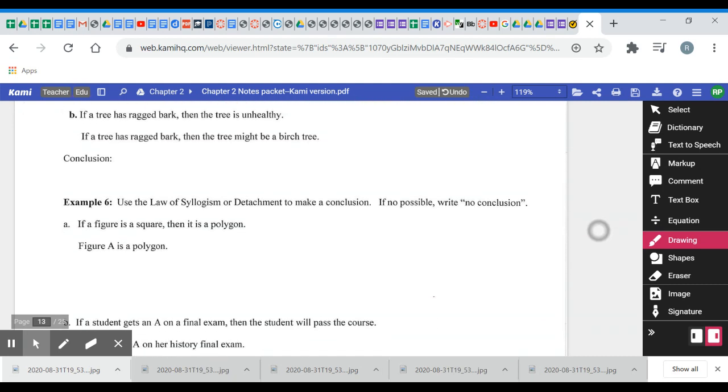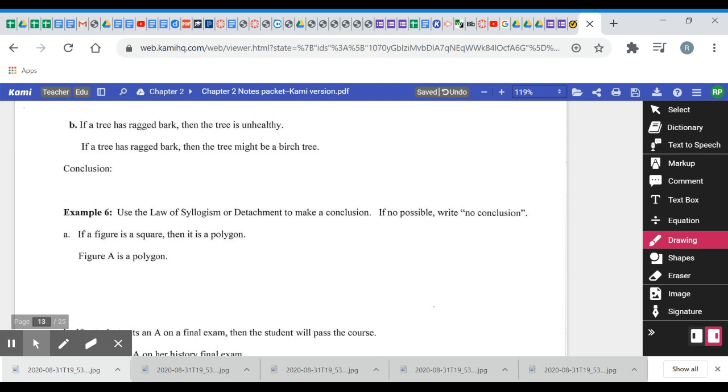All right, on B, it says, if a tree has ragged bark, P, then the tree is unhealthy, Q. If a tree has ragged bark, can you see that that's restating P, not Q this time? Then the tree might be a birch tree. So that's some new information, and we'll call that R. But if I look at my little formula over here, again, I would try to remember this formula to stick at the top of my quiz or my test to help me see if it's in the right order. And if I look at this, I really need the last part of this sentence and the first part of this sentence saying the same thing.